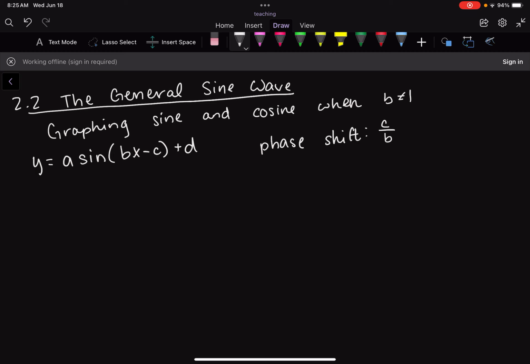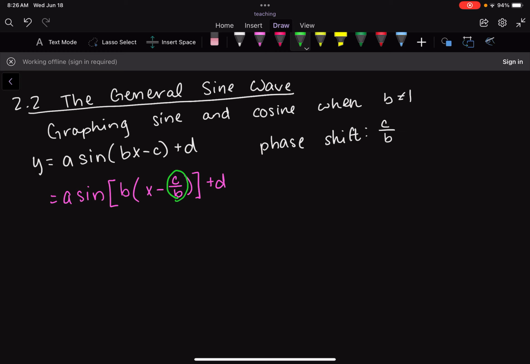Now, in My Math Lab, if you look at their examples, this is what they're going to show you. They're going to tell you to actually factor out the B value, which will leave this as x minus C over B plus D. So this C over B is their phase shift.